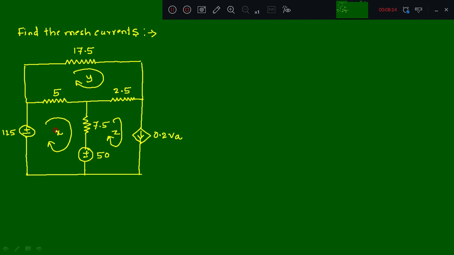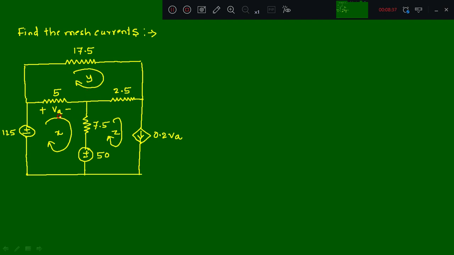You can interchange in any manner, but the equation will remain the same, only in the form of x, y, z it will change. That's it.